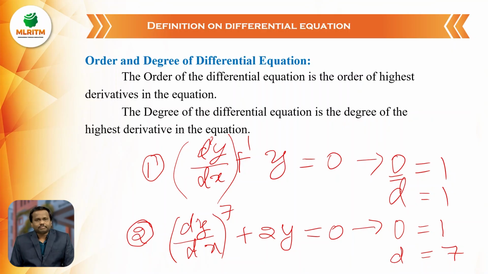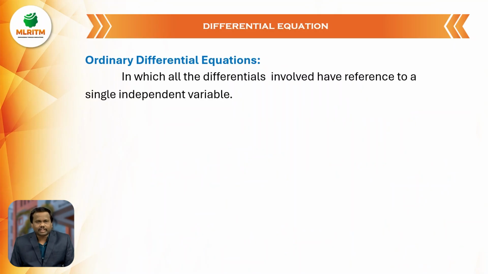Based on independent variables, we can classify differential equations into two types. The first one is ordinary differential equation. An equation is said to be an ordinary differential equation if it involves only one independent variable.